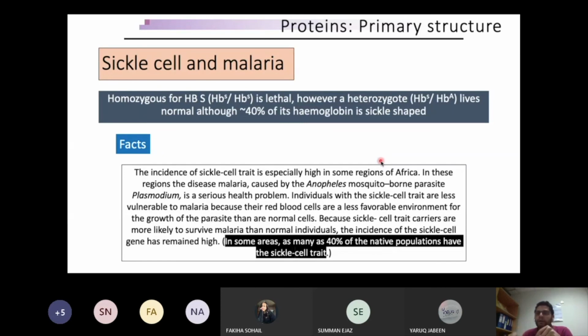This is the only criterion which nature is selecting, and that is why the sickle cell patients are in fact living there very well. In some areas, 40% of the populations are made up of sickle cell.